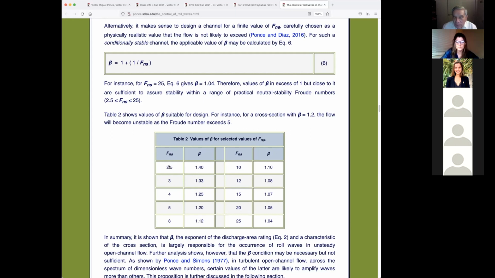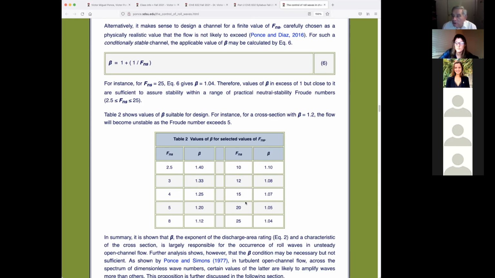If we want 3, if we want to assure a little bit more safety, because neutral stability 3 gives a little more safety, because the chances of the flow getting up to 3 is not quite a whole lot. Let alone 4, 5, or 6. By the time you get to 10, it's almost impossible, right? But the beta has to come down to 1.1. If you go to 25, 1.04. If you go to infinity, it has to be 1. We don't want to get to infinity. We could rather leave it at 10 or 15 or 20.